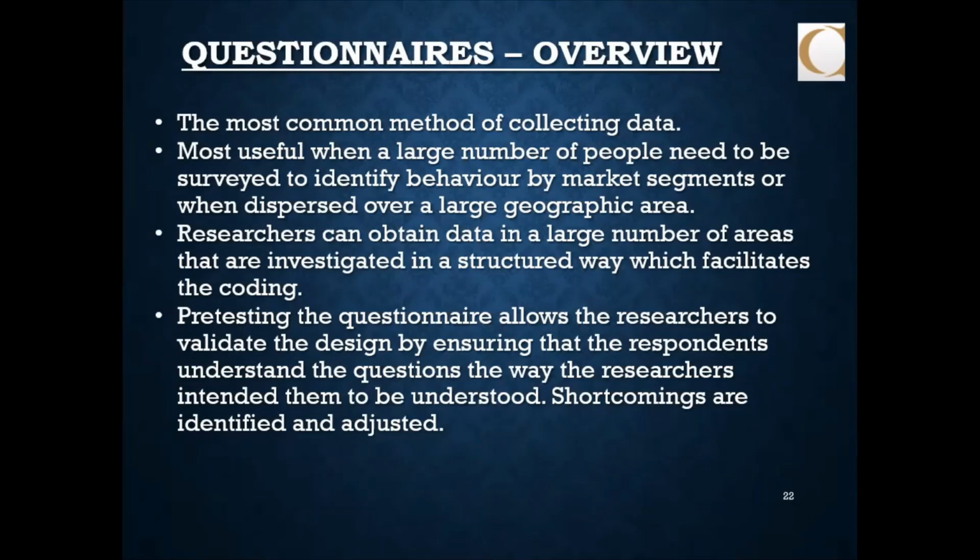You can use a machine or a computer to evaluate it, and you can do it all fully automated. If you want to do it for hundreds of thousands of people, the questionnaire is the best way to go because you can use computers and machines to count the answers and see what the general population is thinking.